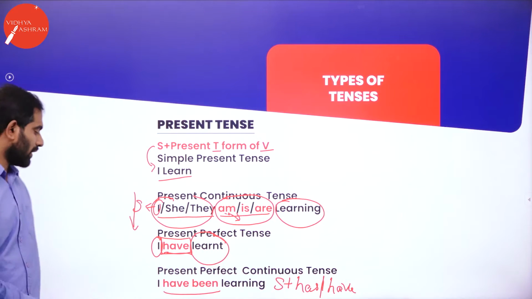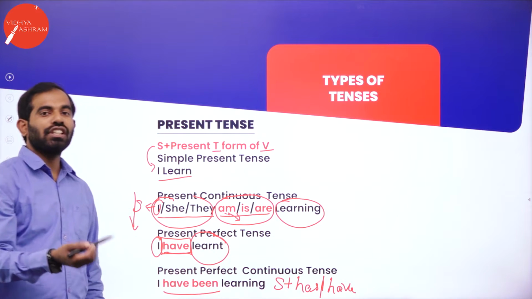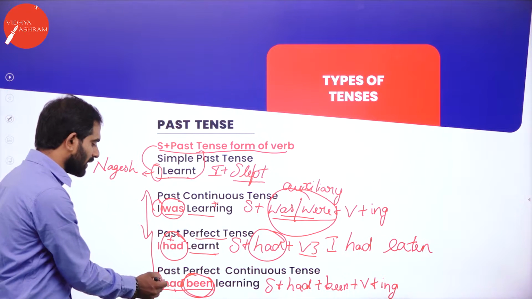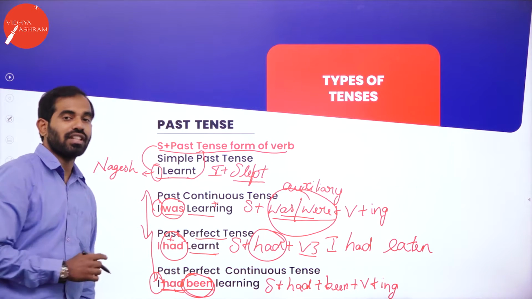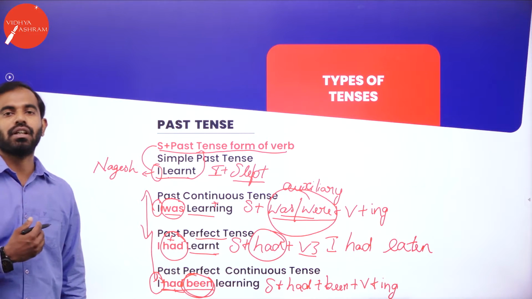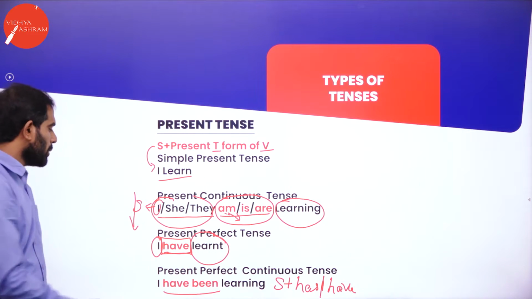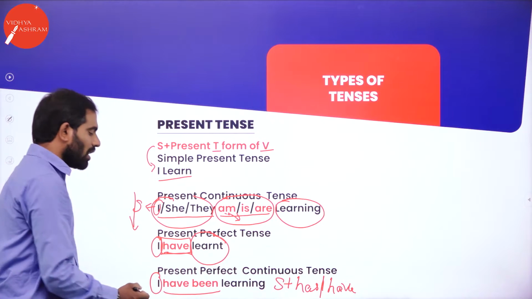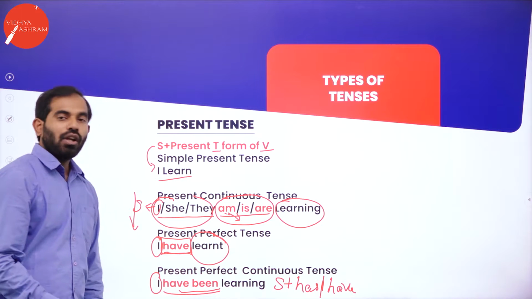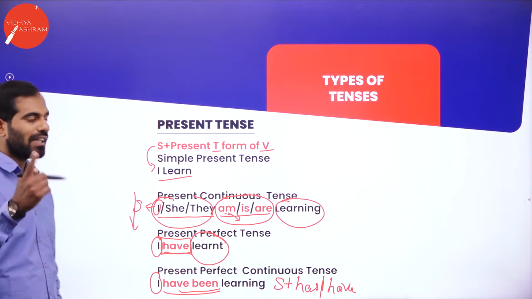Depending on the subject: I have been learning, she has been learning. But in past tense, no matter what the subject is, the auxiliary verb remains the same. She had been learning, they had been learning, I had been learning, you had been learning. But when it comes to present tense, as the subject changes, so will the auxiliary verbs. So keep that in mind.